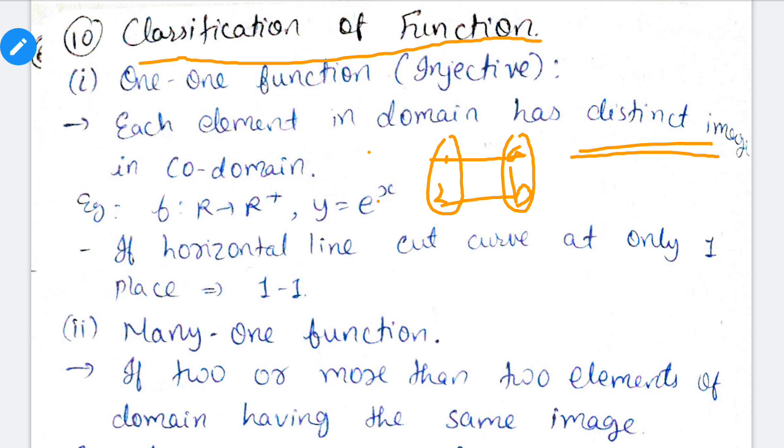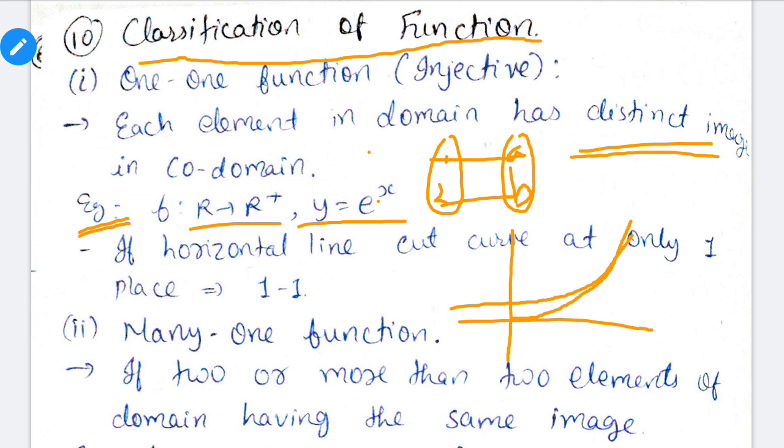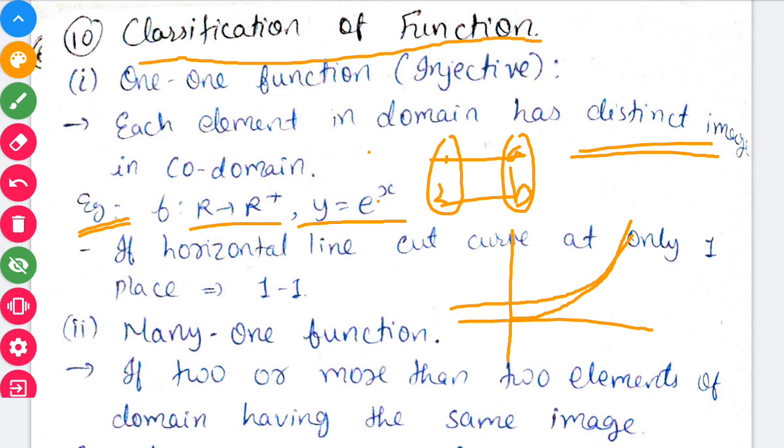Now I have taken an example, f of x, a function from R to R plus, where the function is y is equal to e raised to x. Graph of e raised to x is like this. Let me show you properly.